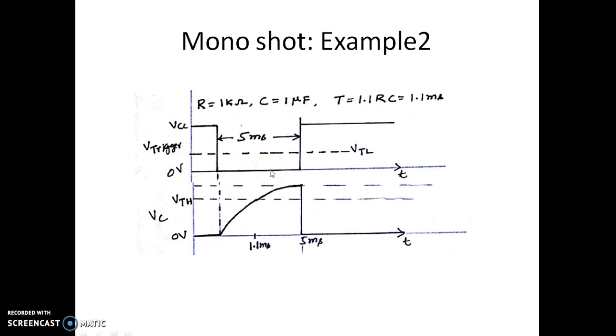When the input trigger signal is still 0, the output will always be in the set condition. When the output is in the set condition, the transistor is off. So when the transistor is off, the capacitor keeps on charging. Since it keeps on charging, this capacitor was supposed to come down here, but now it is still charging towards VCC.